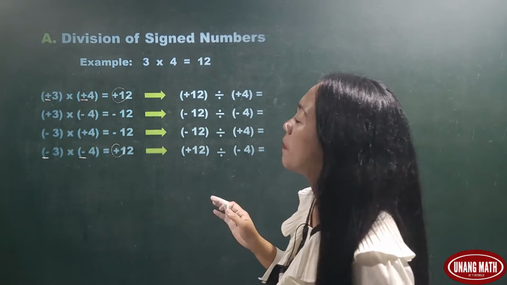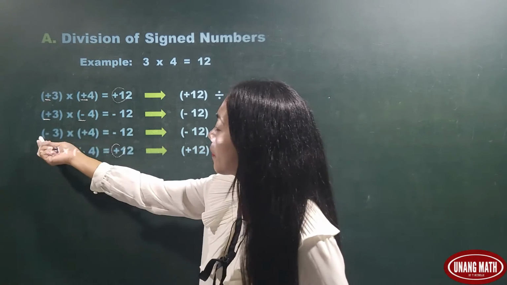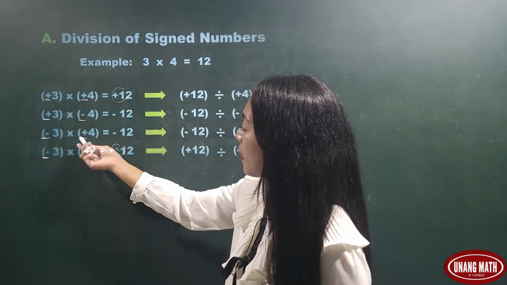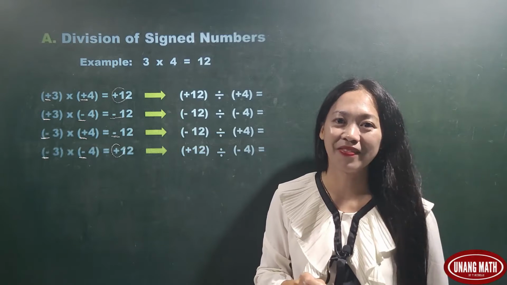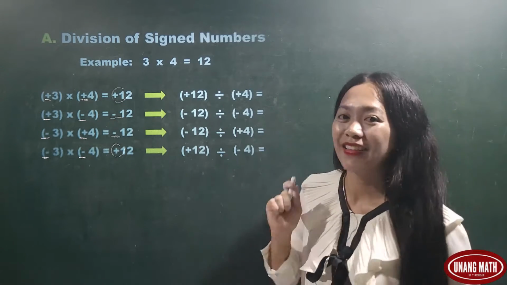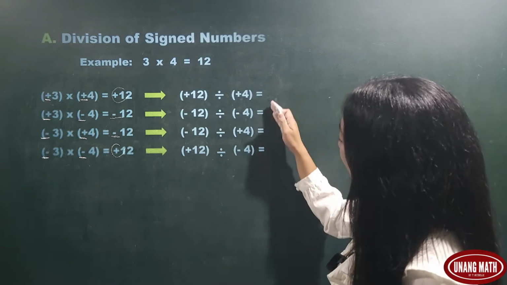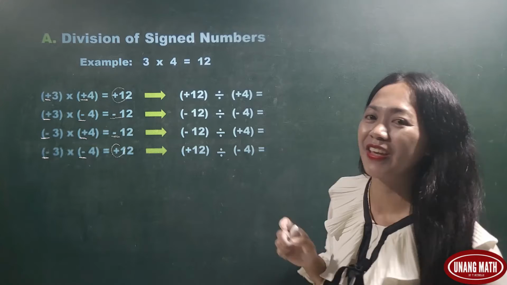But if we are multiplying numbers with different signs, like positive times a negative number or negative times a positive number, the answer is a negative number. Multiplication is the inverse of division. So let us find out what will be the sign of the final answer here.